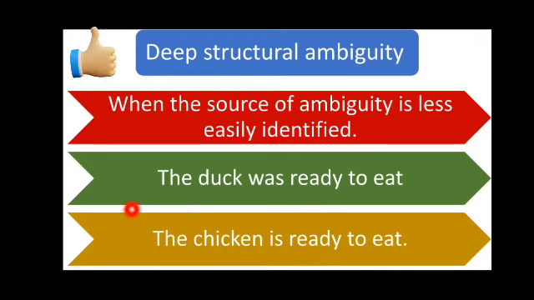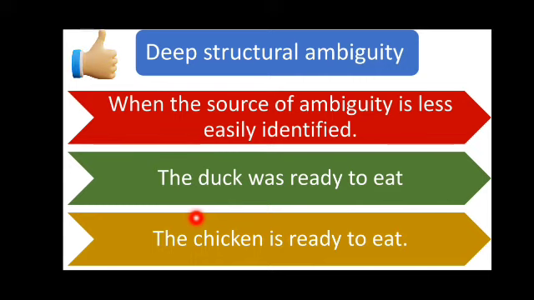Let me give you another example and it will be clearer now. The chicken is ready to eat. So we have a live chicken and the chicken wants to feed itself. And on the other hand, there is a cooked chicken on a plate, and that's for you, and you want to eat the chicken.